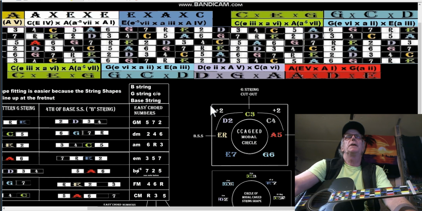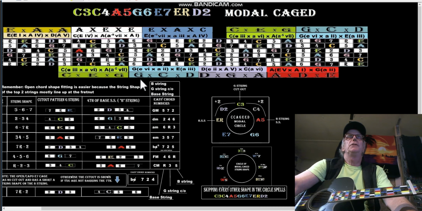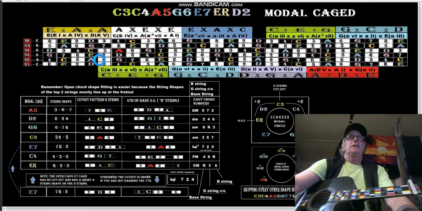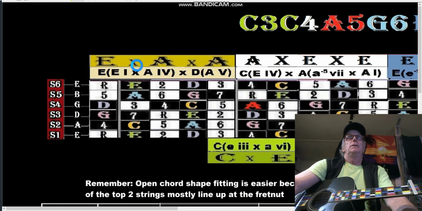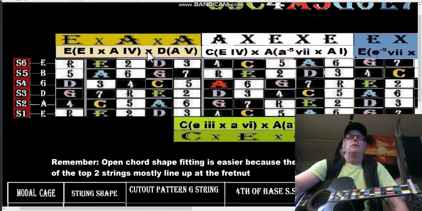Now let's look at what we got here. Additionally, to make the cages this small, I had to have a cutout. So we have 3, 4 going to 5, then we would normally go 6, 7 root, but we want to stay in the cage, so we have to cut out of the C string shape and go into the A string shape.